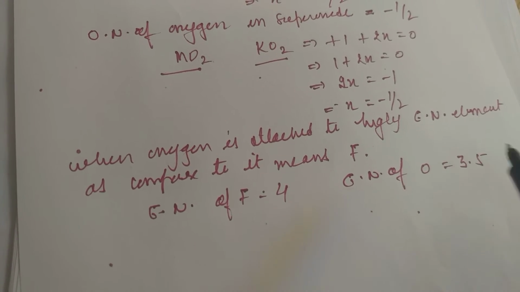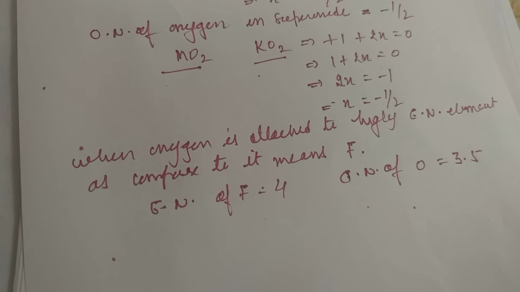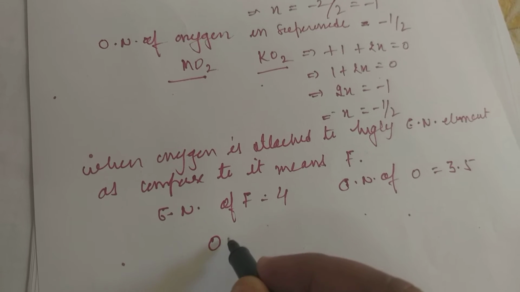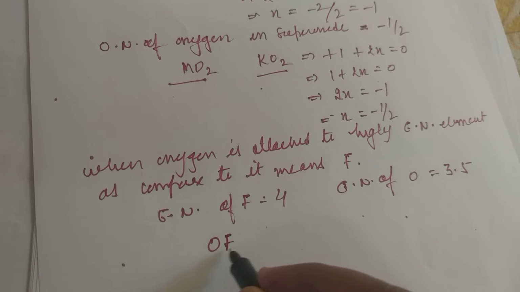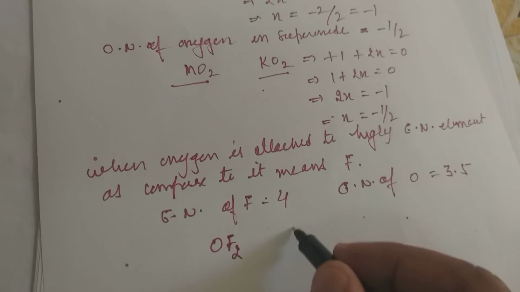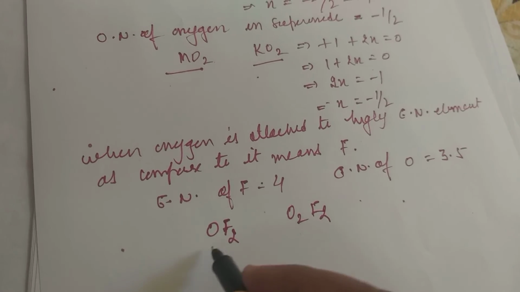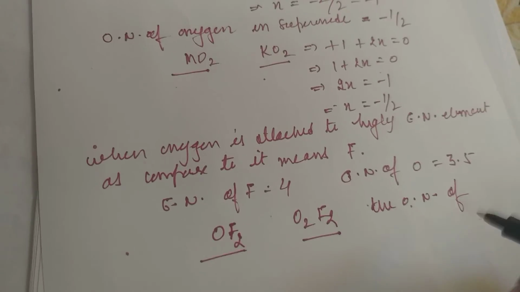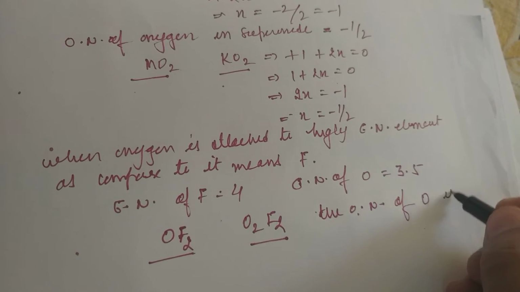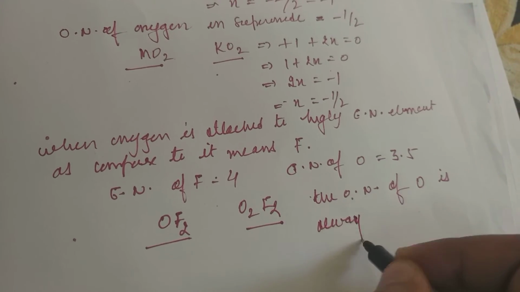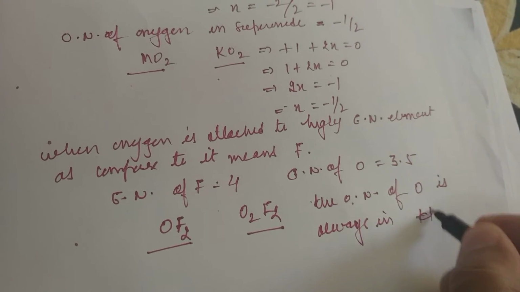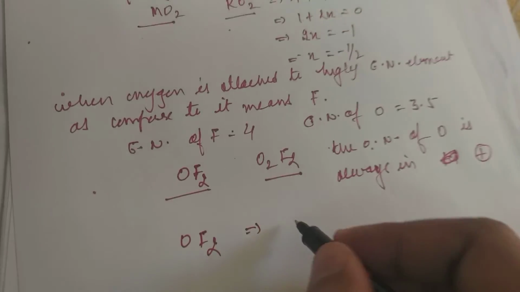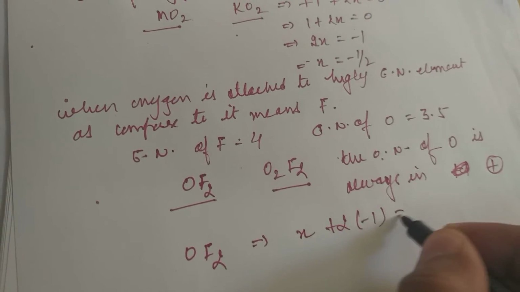So when oxygen is connected to fluorine, just like this, OF2 or O2F2, in such types of compounds, the oxidation state of oxygen is always positive. OF2, oxygen X plus 2 minus 1 is equal to 0.